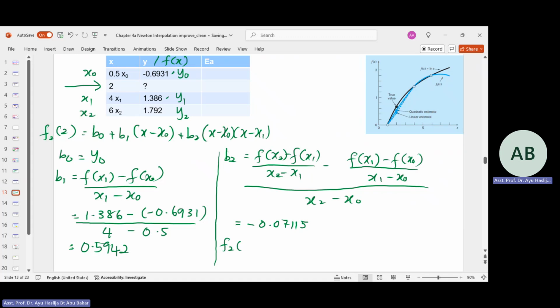So your F2,2: B0 is 0.6931, plus B1, the one that you calculated earlier, times x minus x0, where x is 2 and x0 is 0.5, then plus your B2 multiplied by x minus x0, multiplied by x minus x1. X1 is 4, so 2 minus 4.